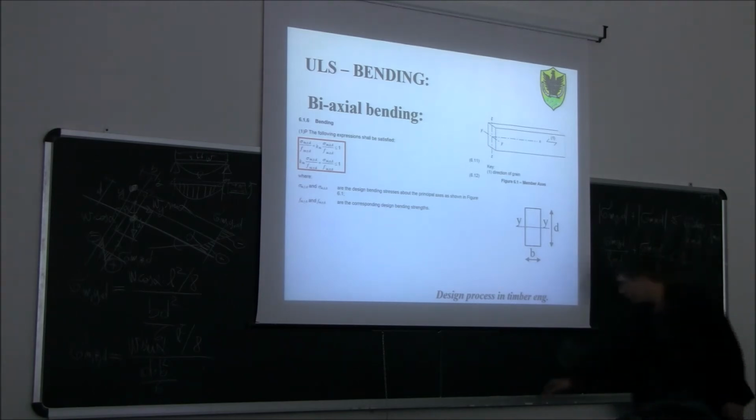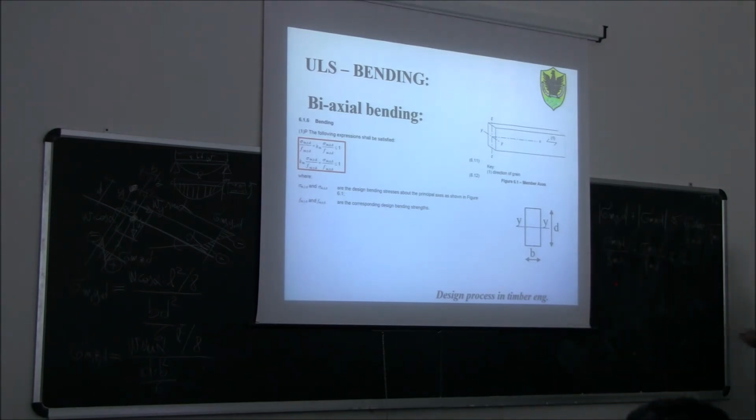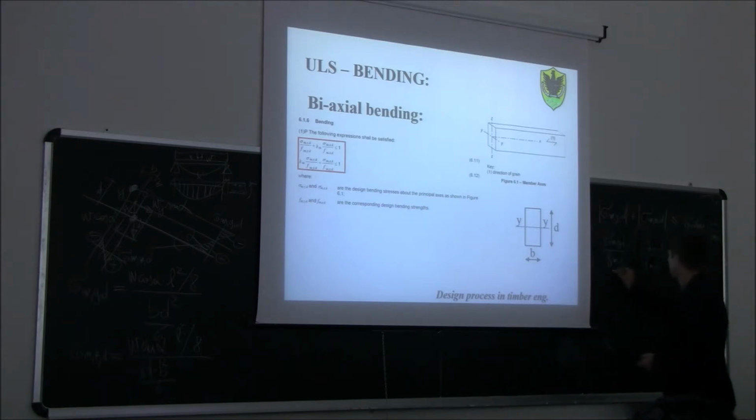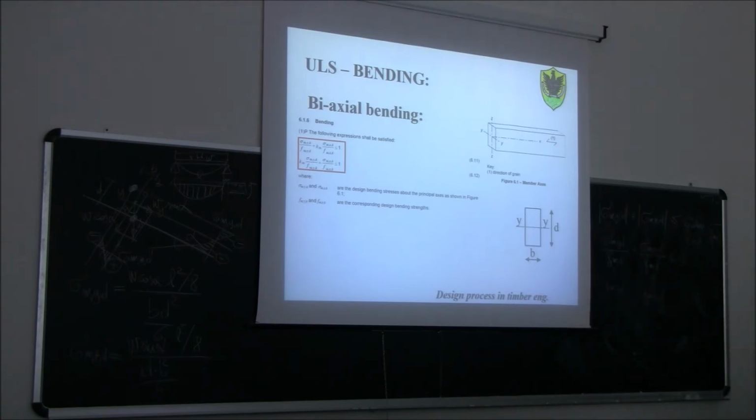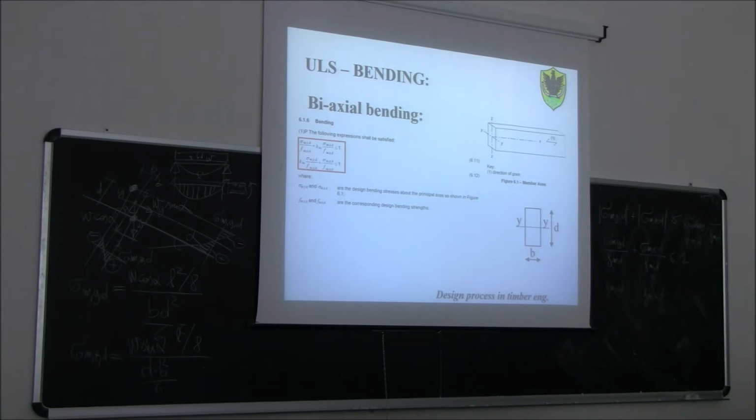Now, the regulation makes a distinction between, you see here, f m y d, and I call this one f m z d. Why is that? Because the bending strength may be different if you have the bending around the weak axis or bending around the strong axis.